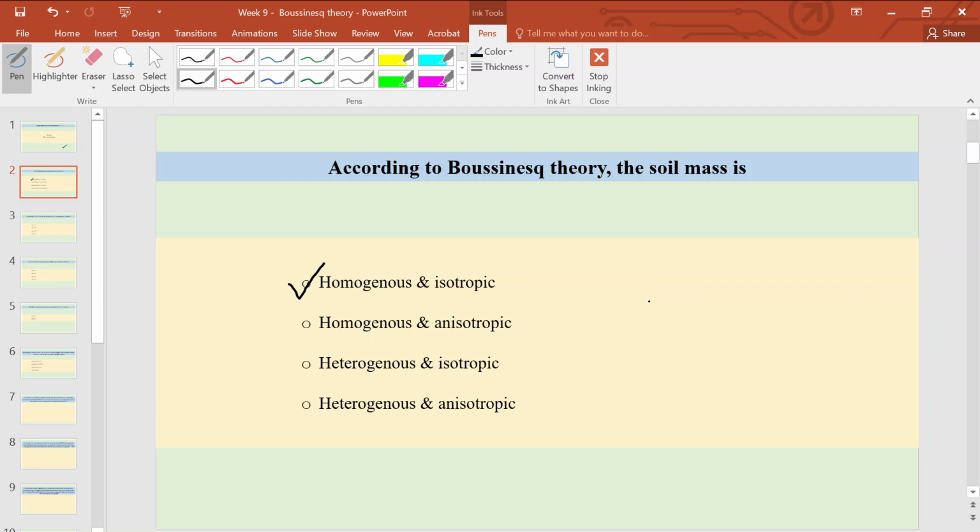Right. So according to Boussinesq theory, the soil mass is homogeneous and isotropic. That is an assumption taken in this theory for determination of the stress. Okay, so next question.